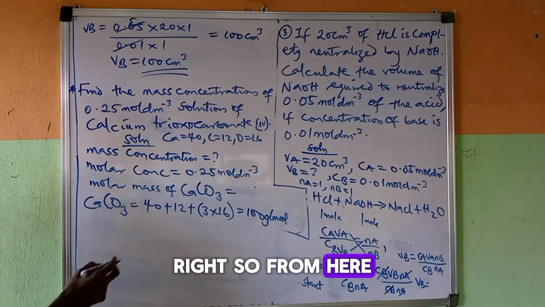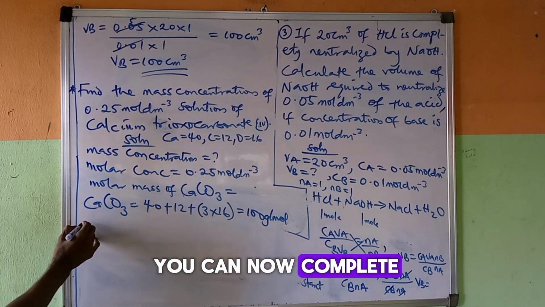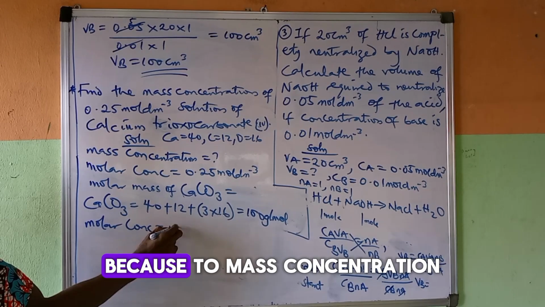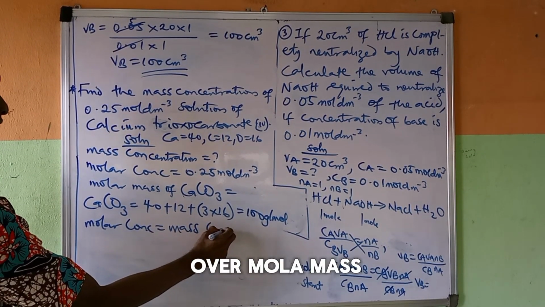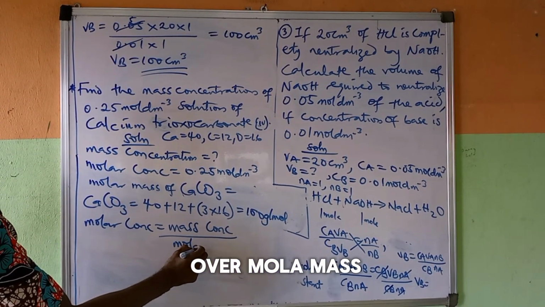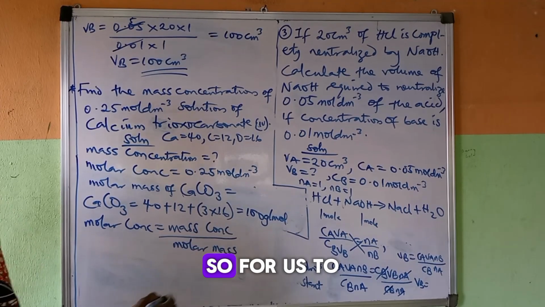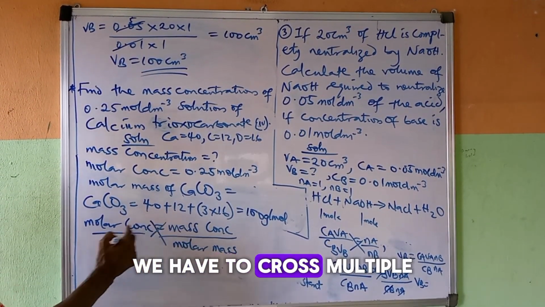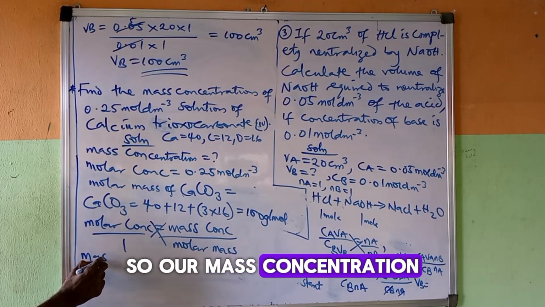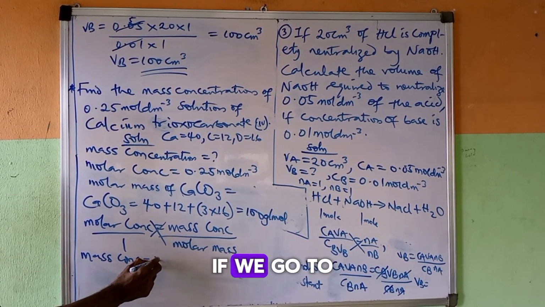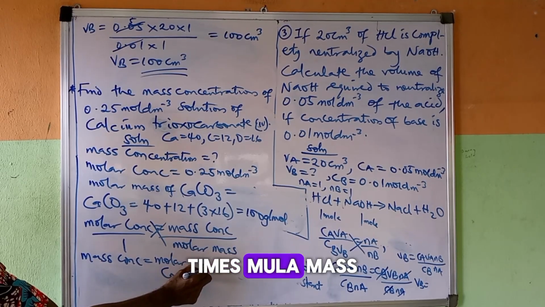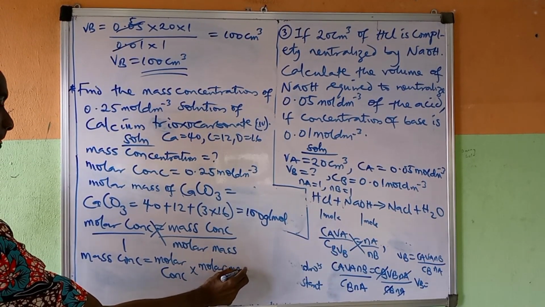Alright, so from here, you can now calculate. Remember, the formula is molar concentration equals mass concentration over molar mass. For us to get our mass concentration, we will have to cross multiply. So our mass concentration will be equal to molar concentration times molar mass.